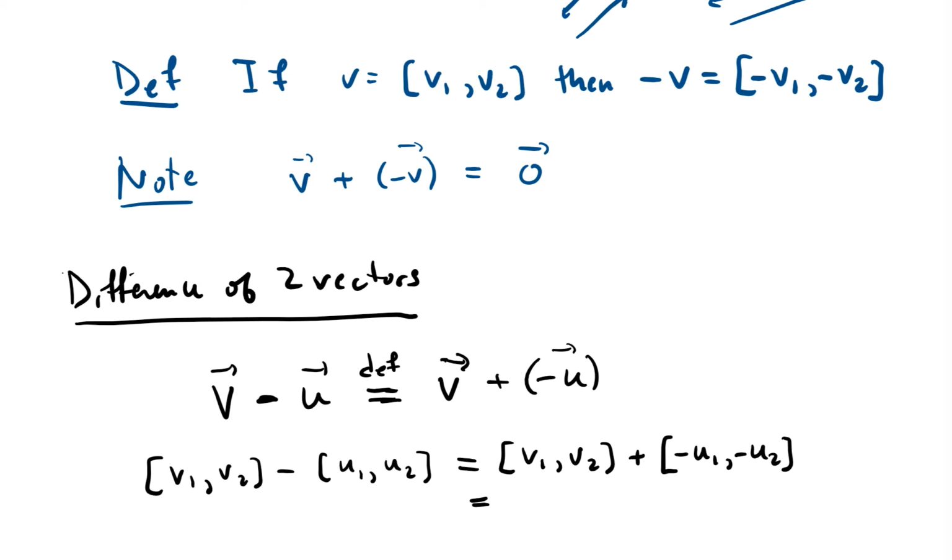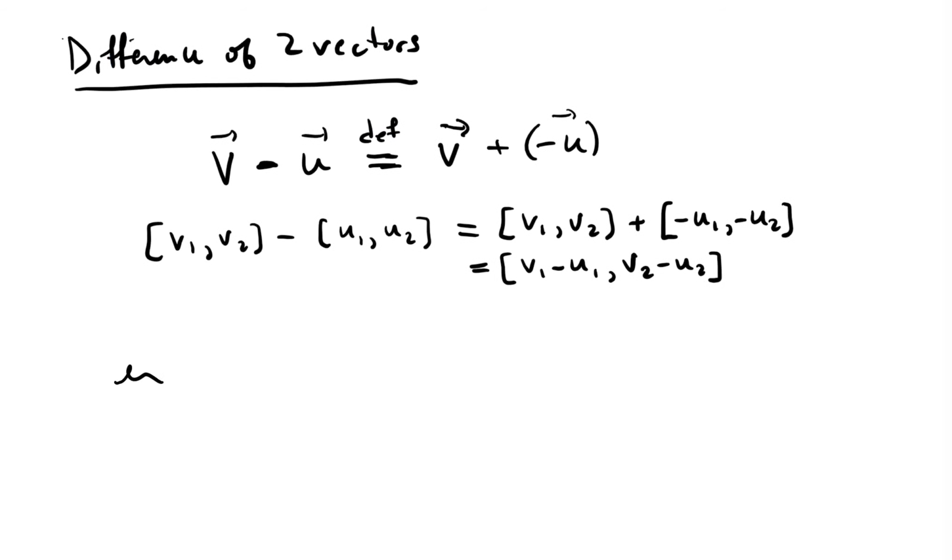And addition with coordinates is obtained by adding the coordinates component-wise. So v1 minus u1 is the first coordinate of the difference of the two vectors, and v2 minus u2 the second coordinate. Basically, to perform the subtraction, all I need to do is subtract the coordinates. So it's very natural.